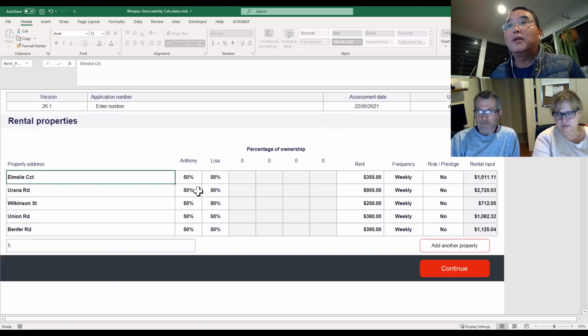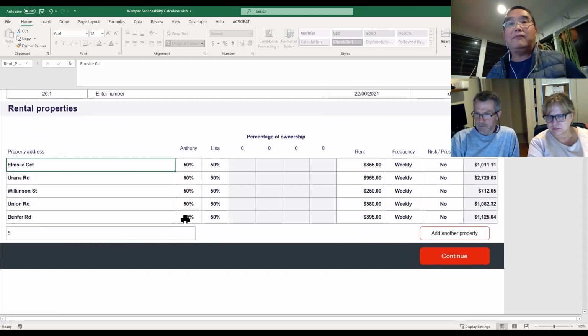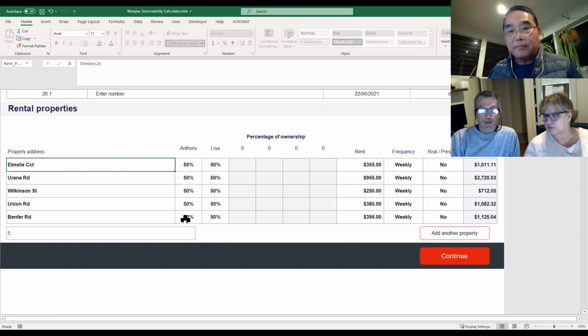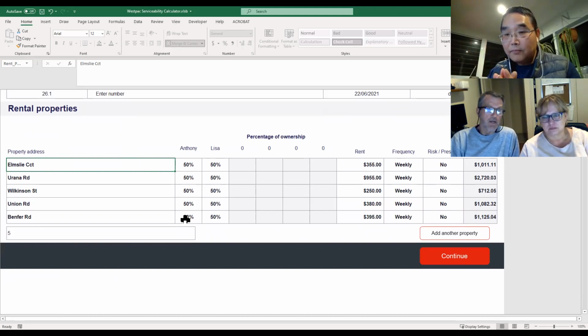That's all your investment properties. 5 investment properties. All the properties are 50-50 share ownership. Elmsley is only in my name, but the debt is in both names. Oh, all the properties under your name? No, only Elmsley is under my name. All the others are 50-50.